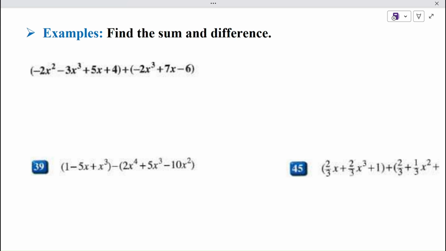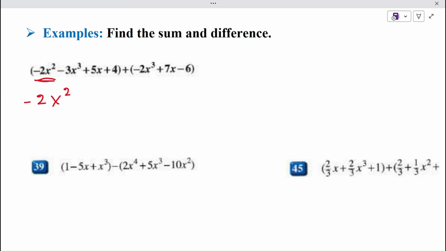It means look at the variables with the same exponent and combine them with each other. Look here. This is minus 2x to the power 2. Do we have another x to the power 2? No, we don't have it. So write it again: minus 2x to the power 2.